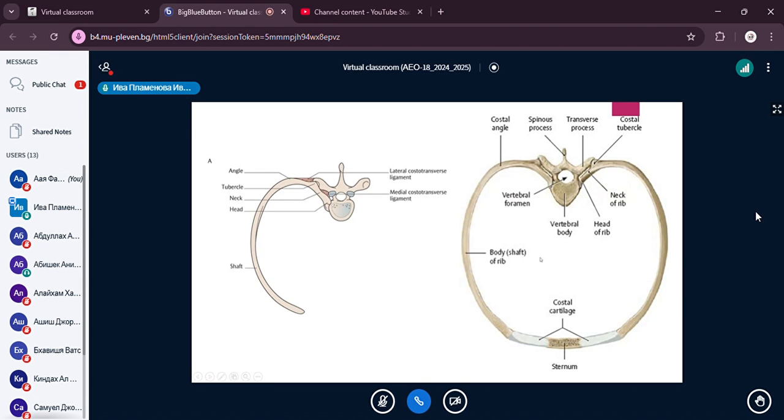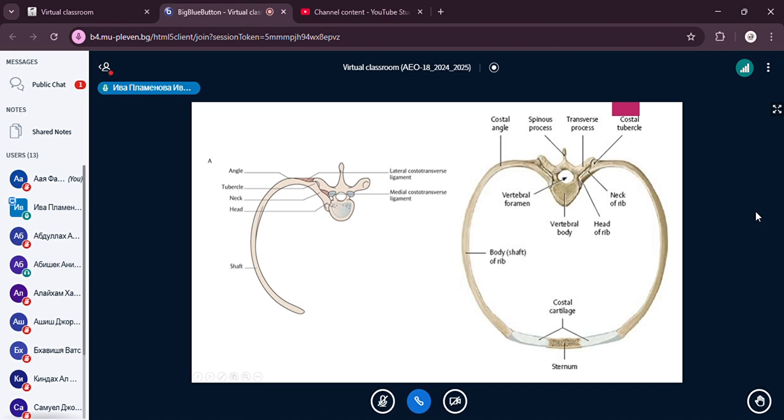Now you can see that's a thoracic vertebra. That's the body with the costal notch for the rib head. That's the transverse process with the articular surface for the rib tubercle. You can see the two costovertebral joints.